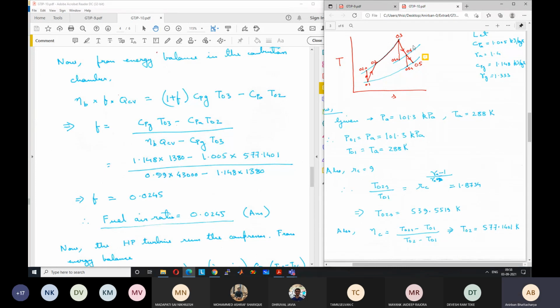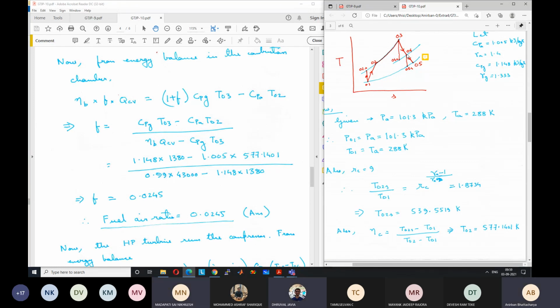Generally we calculate based on the isentropic relation: P03 by P04S to the power gamma minus 1 by gamma is T03 by T04. But the pressure is unknown here. So how will we calculate the pressure and temperature here? What extra relation, because both temperature and pressure are unknown? How to proceed at this point?